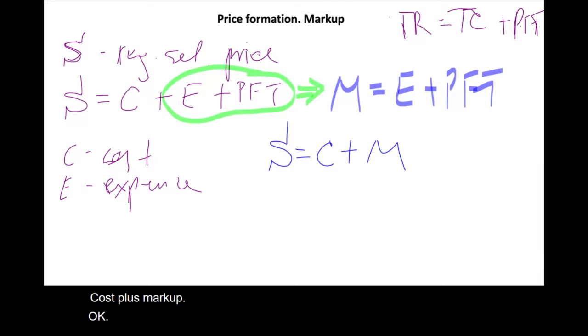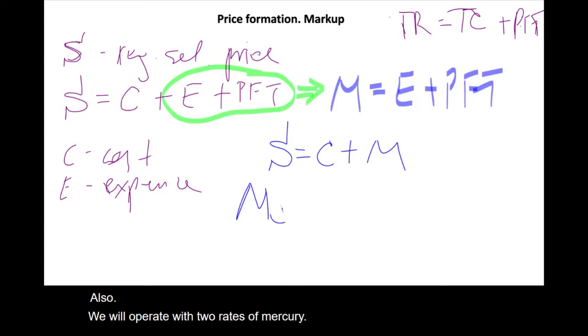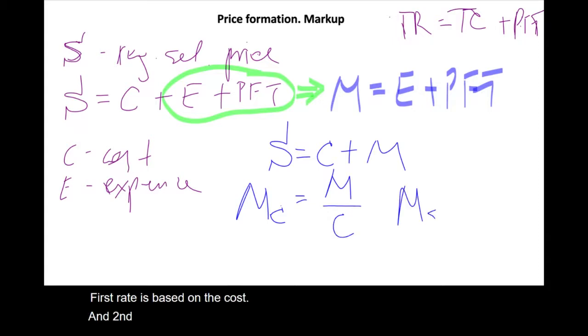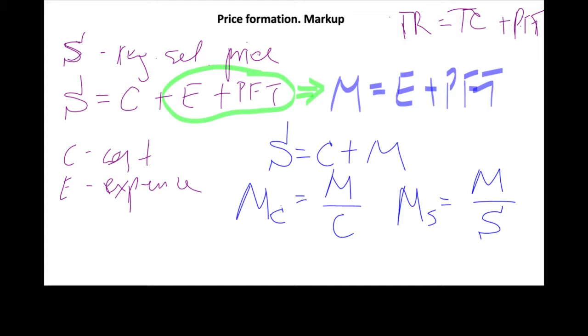Also, we will operate with two rates of markup. The first rate is based on cost, and the second rate is based on regular selling price. So that's so far our weapons, our formulas.